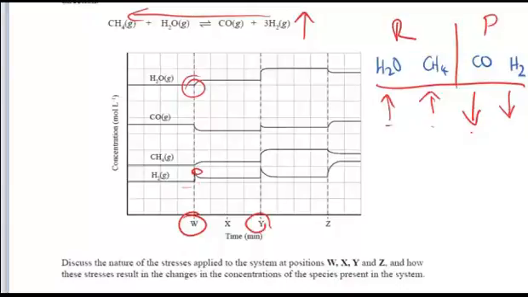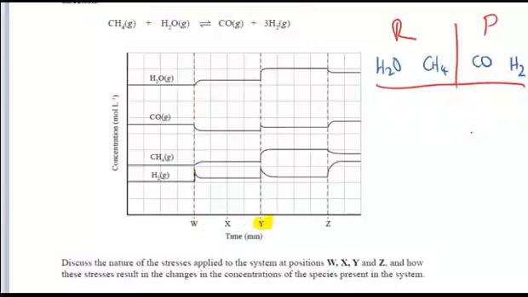Now we're going to look at position Y. Again we have an increase in the amount of H2O, and CH4 we also get an increase. In fact, when we look at all these graphs, we notice one thing: H2O, CH4, H2, CO all increase.